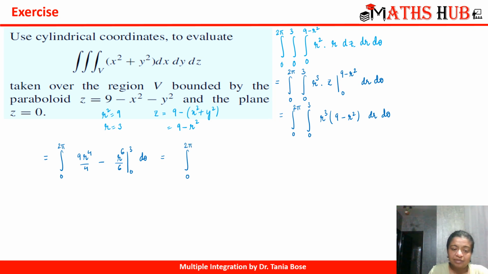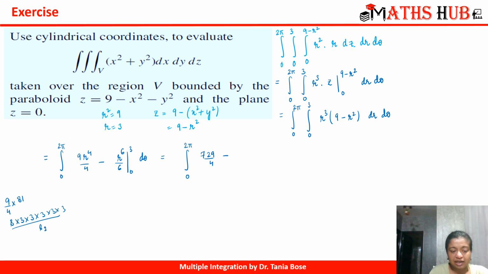When I put in the limits, 3 into 3 into 3 into 3. So that becomes 9 by 4 into 3, it's 81. So it will become 729 by 4 minus, let's put in here. So 3 into 3 into 3, 6 times, and it is divided by 6.